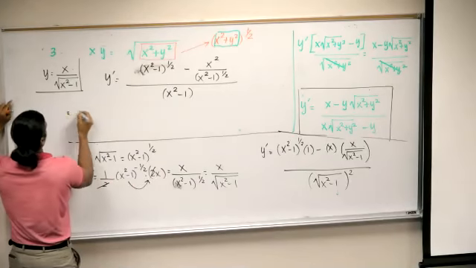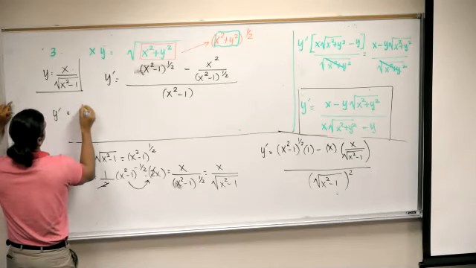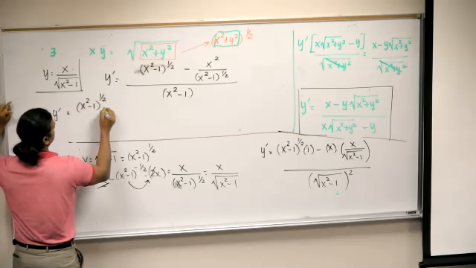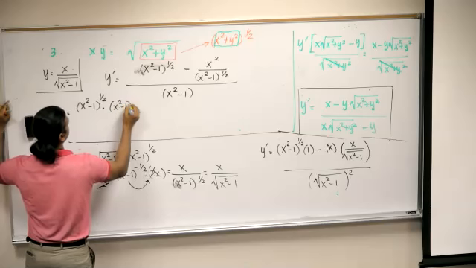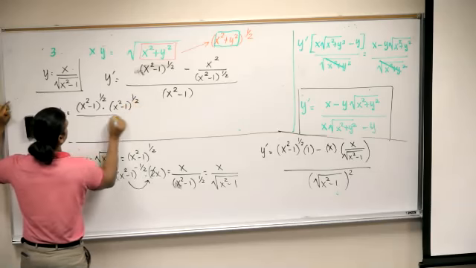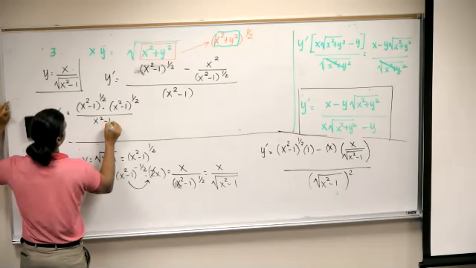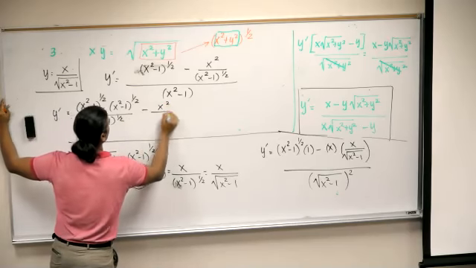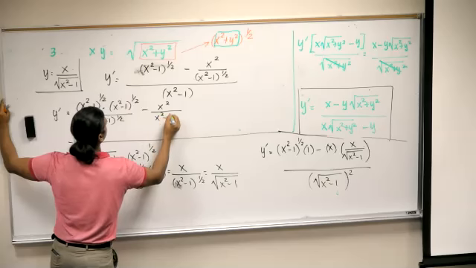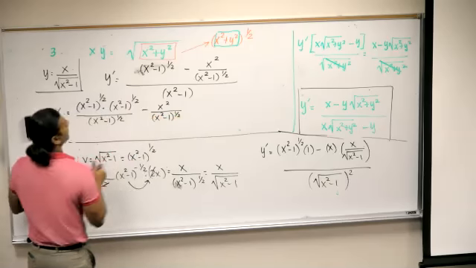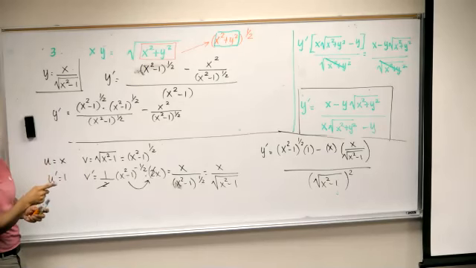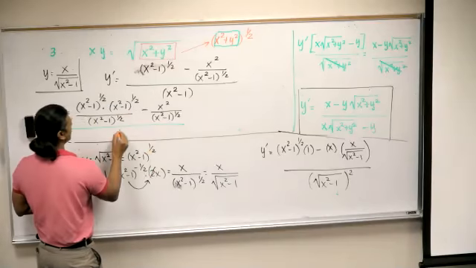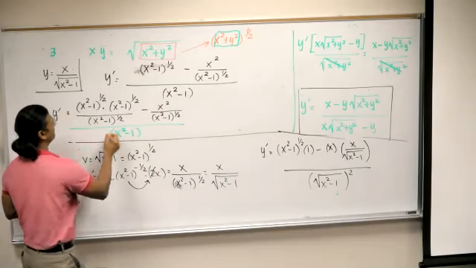So x squared minus 1 raised to the 1/2 times x squared minus 1 raised to the 1/2, divided by x squared minus 1 raised to the 1/2, minus x squared over x squared minus 1 raised to the 1/2. That's just the numerator. Then divide the entire thing by x squared minus 1.